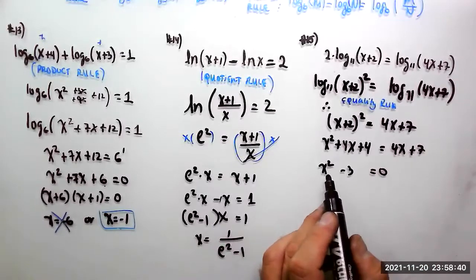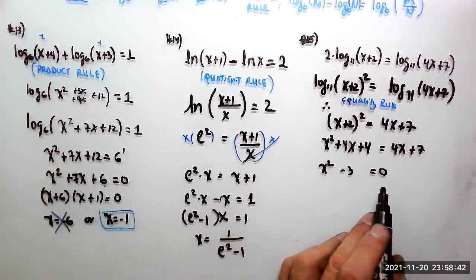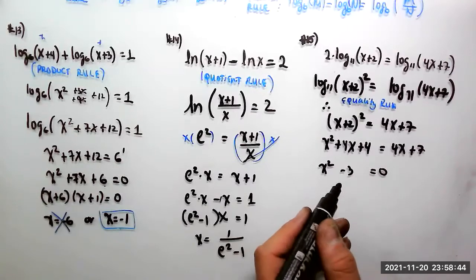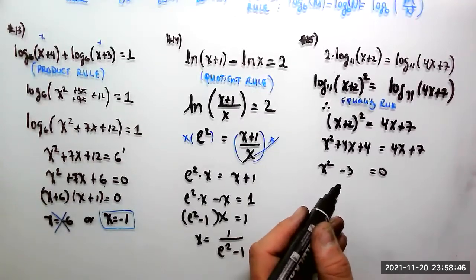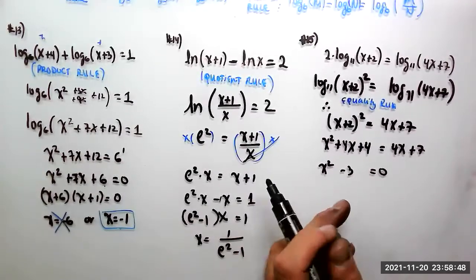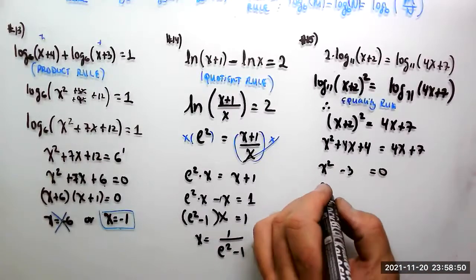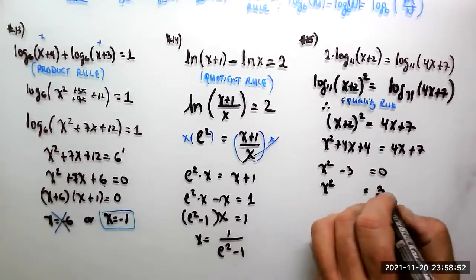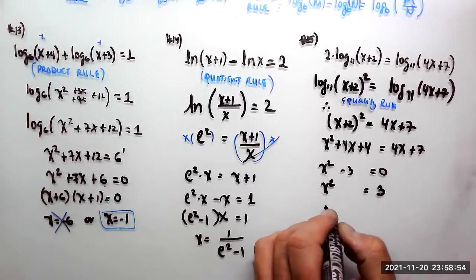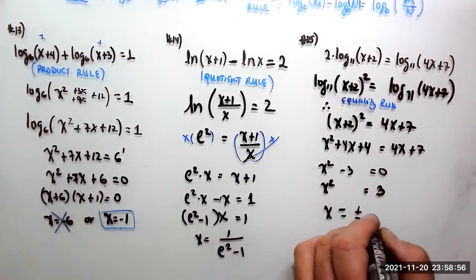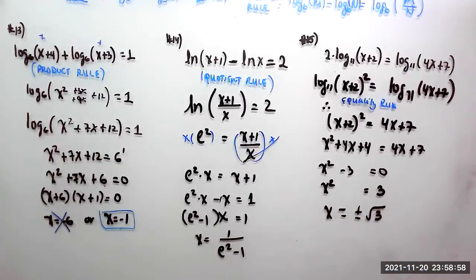So now I have x squared minus 3 equals 0. Quadratic formula, well, this one is better to solve using the square root method. So I have x squared equals positive 3, the square root, x equals plus or minus radical 3.